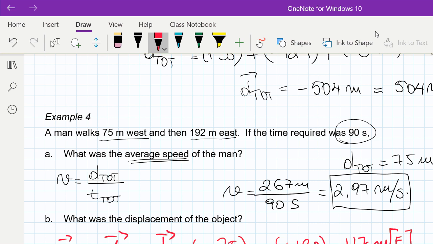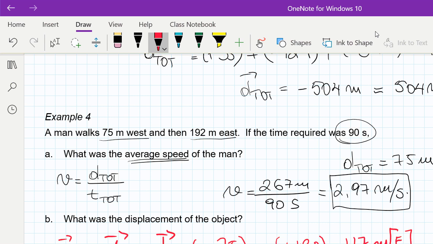Velocity and speed correspond to each other. If we are saying velocity, then we are dealing with a vector, which means that we will take the displacement into consideration. So this will be 117 meters going east over 90 seconds. And time is not a vector quantity.